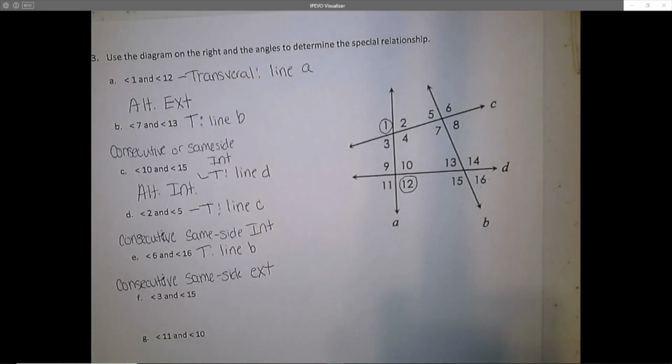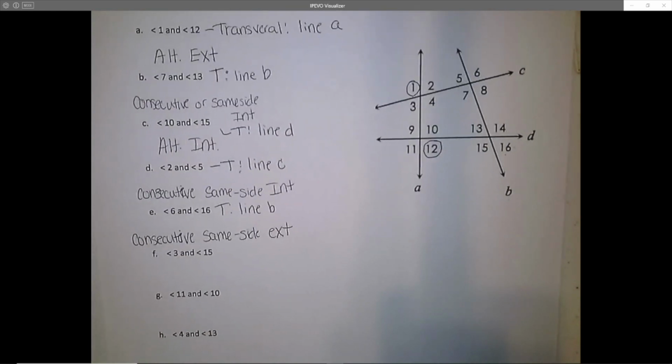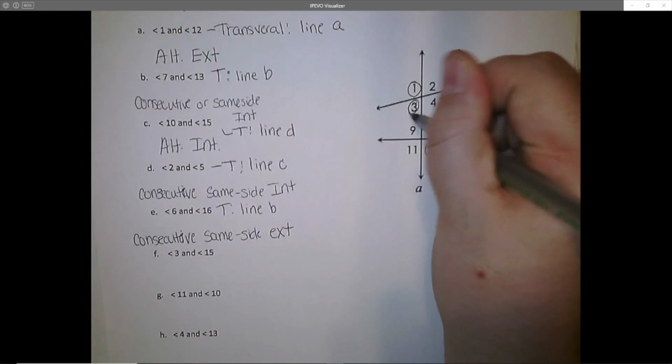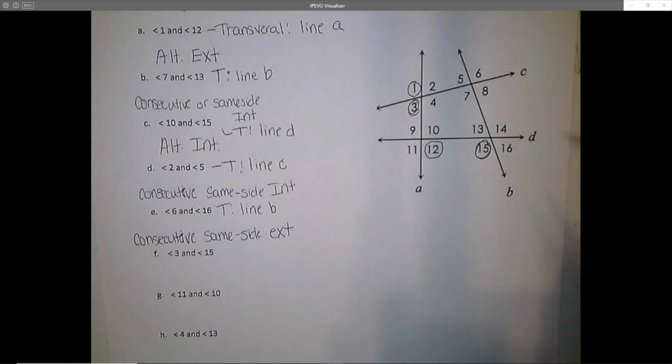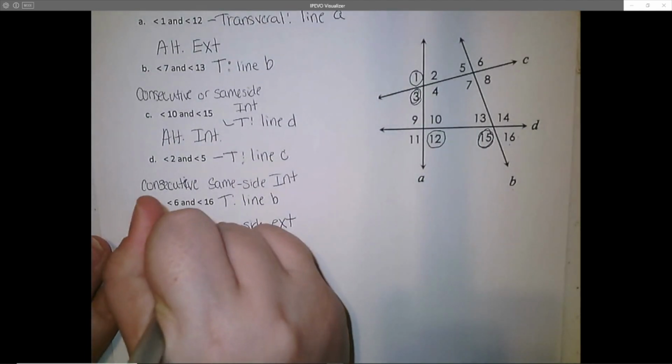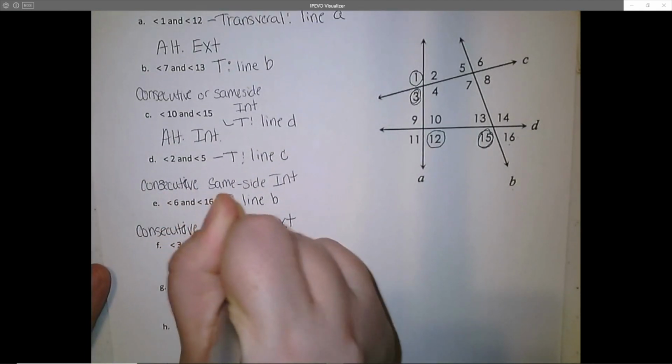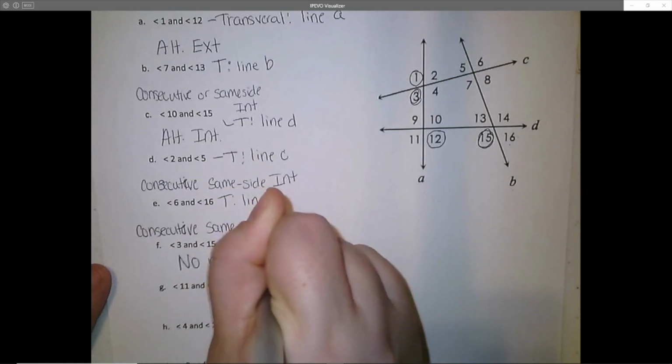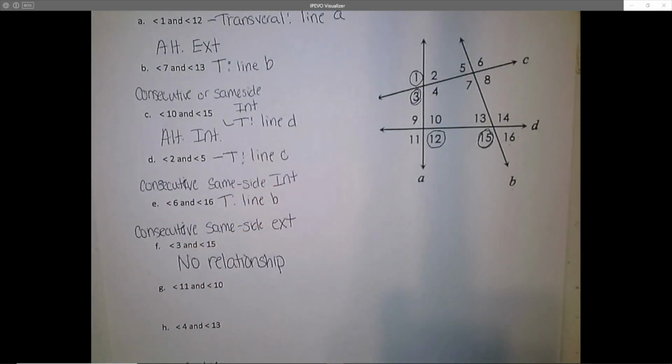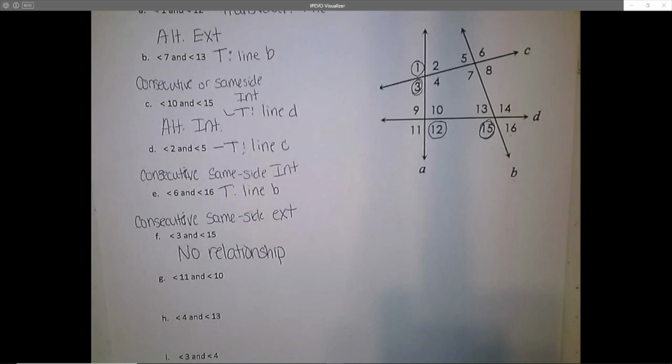Okay, 3 and 15. They do not have any line in common. If they have no line in common, meaning no transversal, there is no relationship. There's only a relationship when there's a transversal.